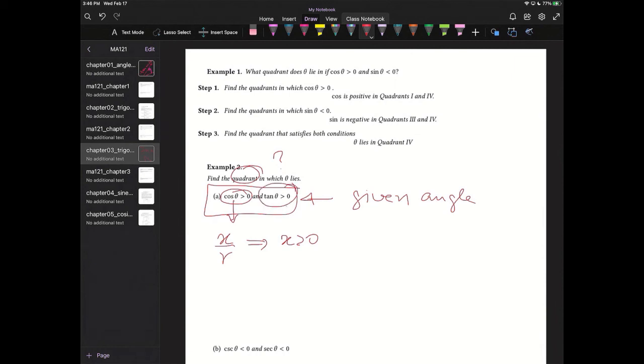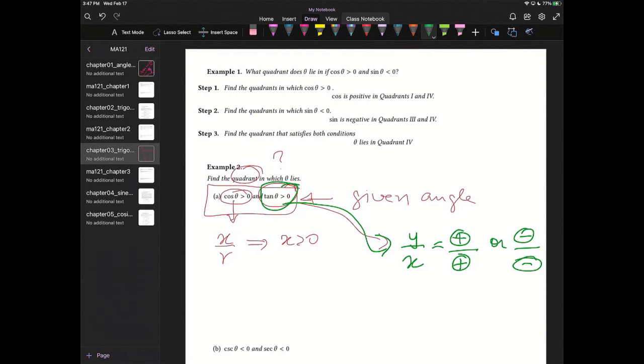Now, I also have that the tangent is positive. There are two ways that the tangent can be positive. Remember, tangent is the fraction, and let me use a different color here for the tangent, y over x. Now, this is positive if you have both numbers positive, both top and bottom of your fraction, or both numbers negative.